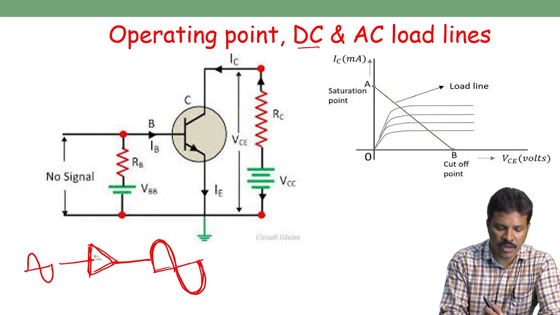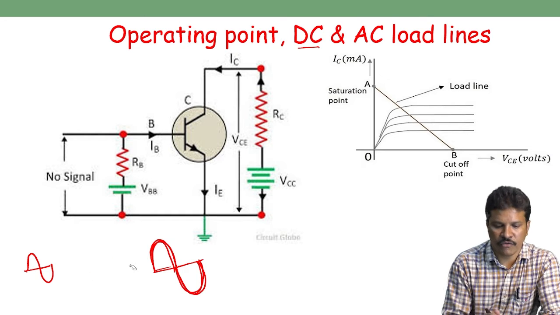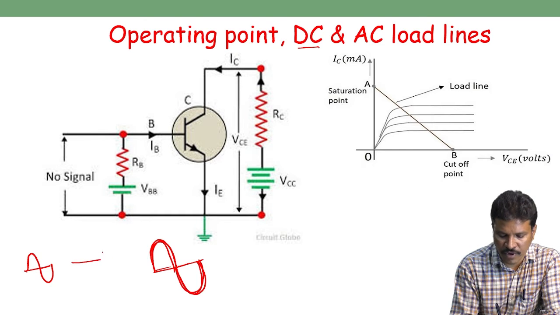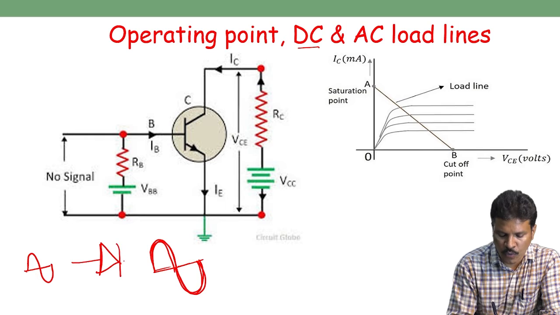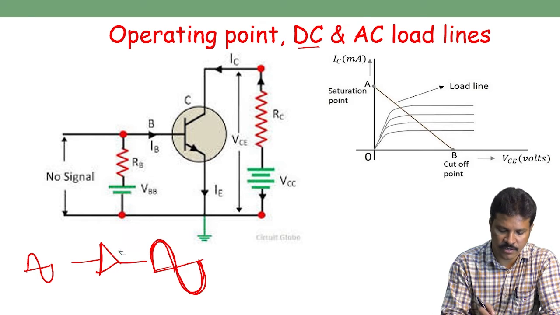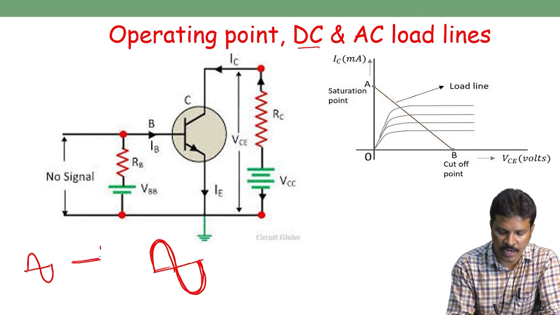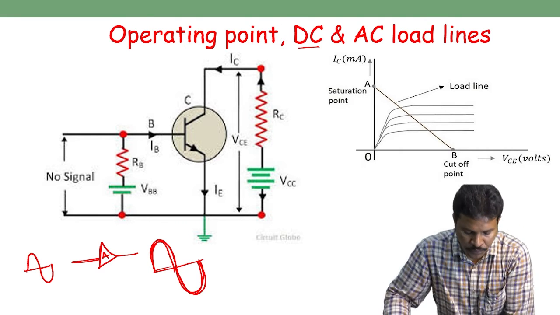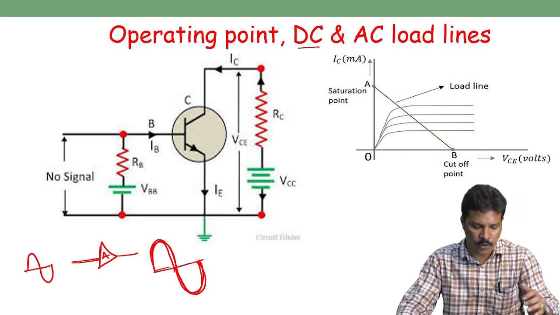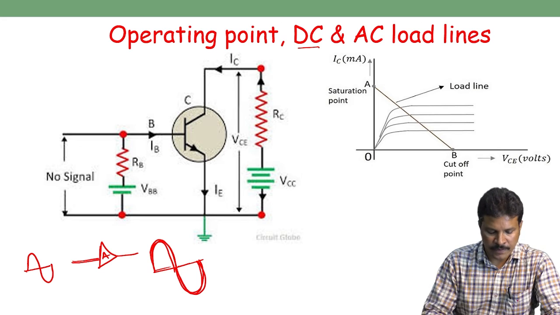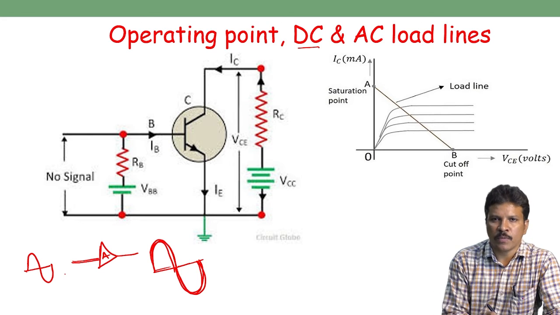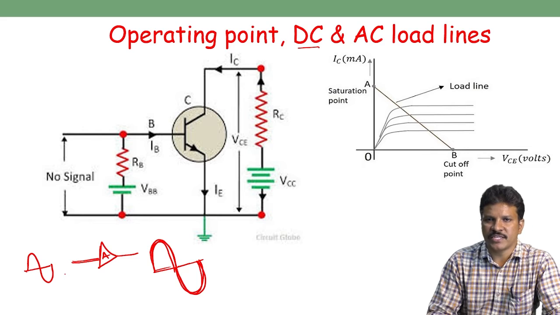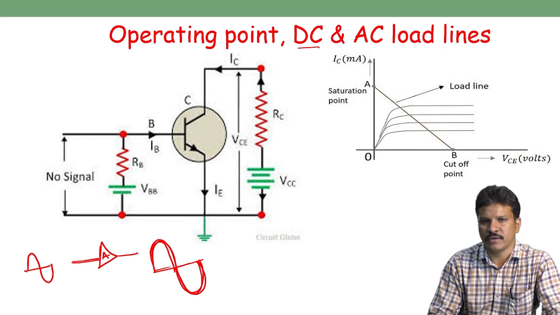If you take an amplifier, we know the output characteristics. The output characteristics is the relation between output current and output voltage. Suppose the transistor amplifier is operated in the active region.